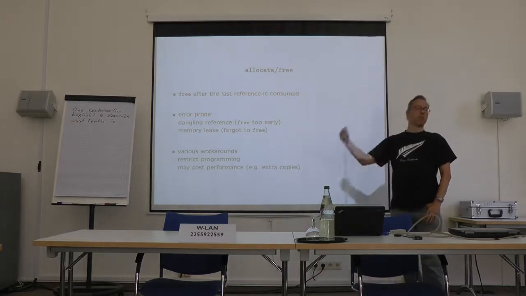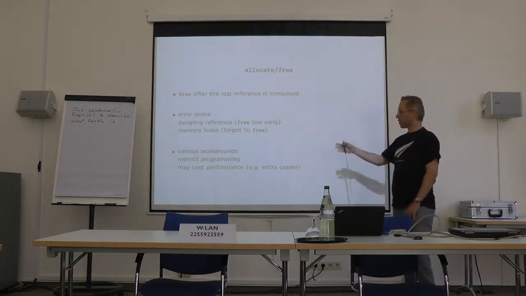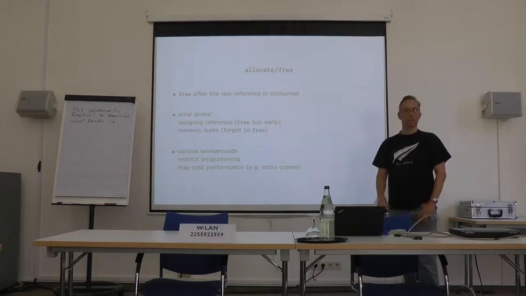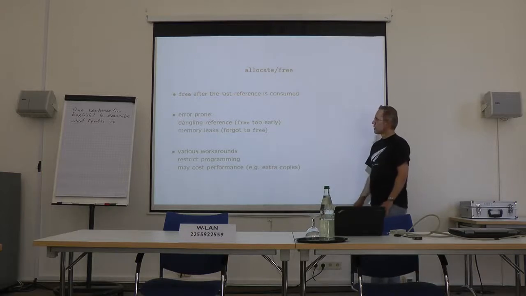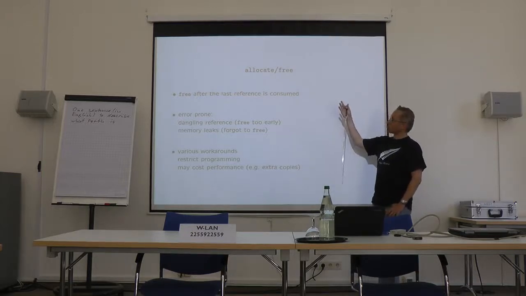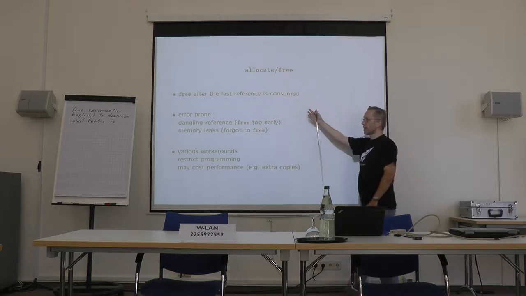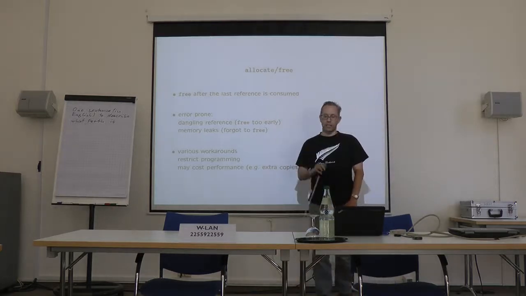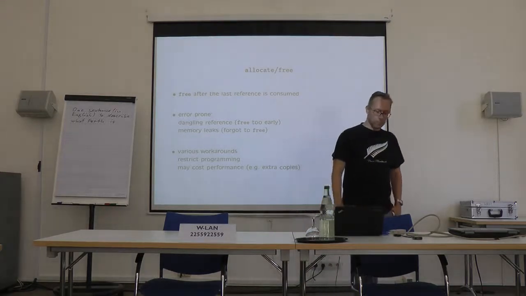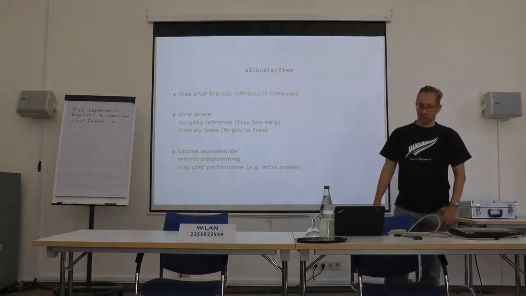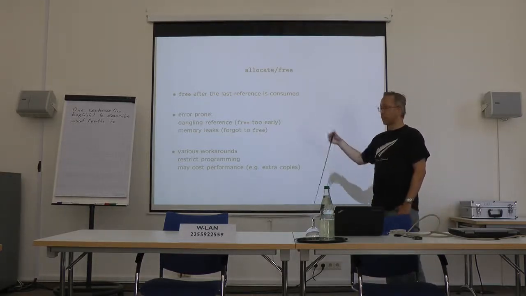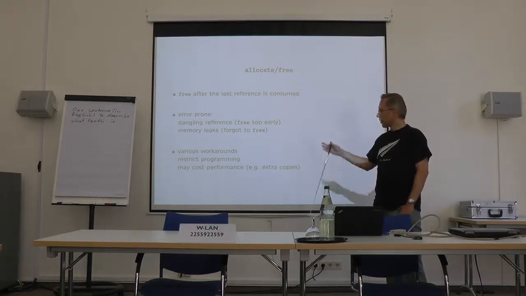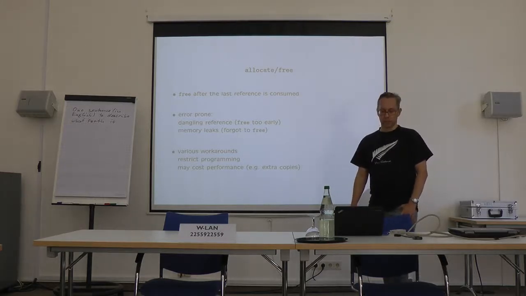But of course, doing the allocation for this extra copy and copying the stuff over costs performance. So basically one of the arguments for doing explicit freeing is that it supposedly costs less performance than some more automatic ways of reclaiming memory, but if you count in the workarounds you do, it may actually not be the case.